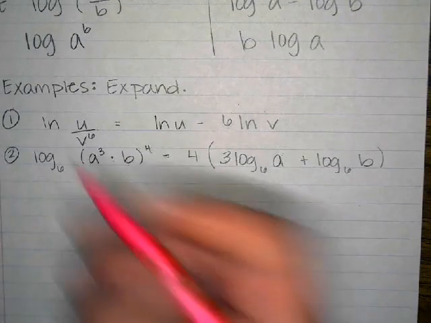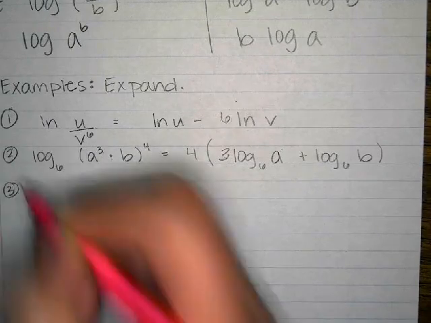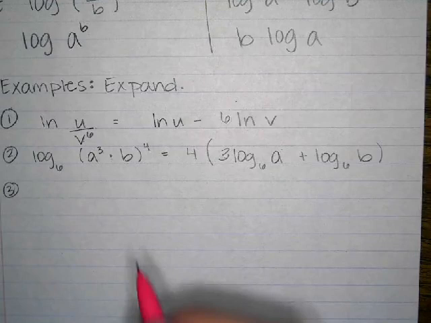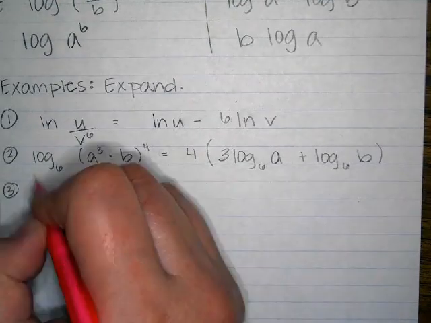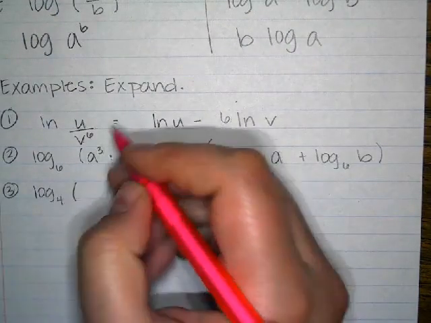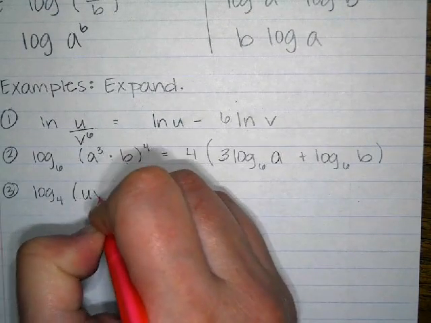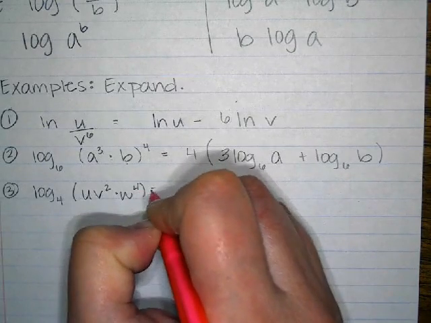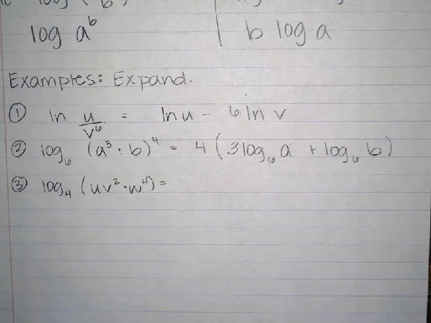Let's try this. Log base 4 of uv squared times w to the 4th. How many times am I writing the word log base 4? 3 times. Once for u, once for v, once for w.